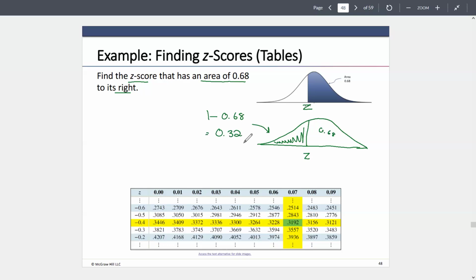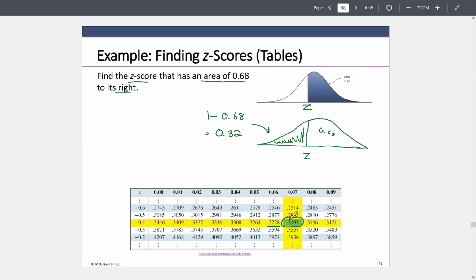So we're going to go back into the table and get as close as we can, looking at my areas, finding an area as close as we can to 0.32. We have 0.3228 here, and we have 0.3192. The one that is closest to 0.32 is this one. This is only 0.0008 away from 0.32. This one is 0.0072 away.